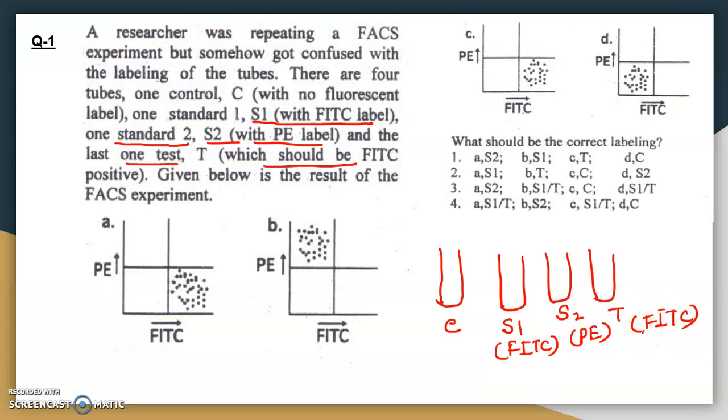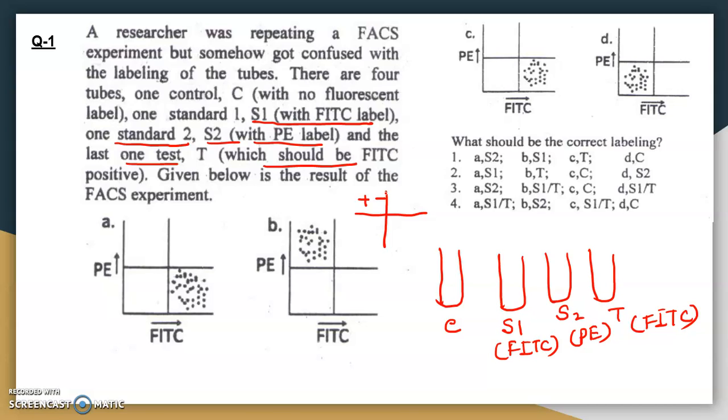Now we know that during a FACS experiment we get the result in four quadrants. What is the significance of the four quadrants? The first represents positive and negative, that is positive for either FITC or PE.